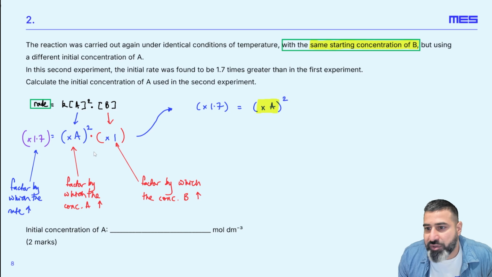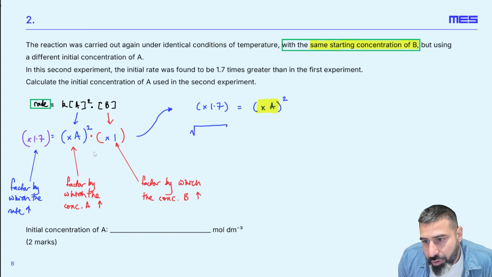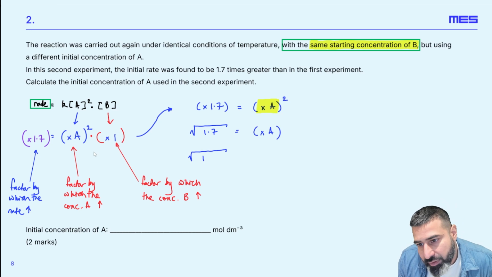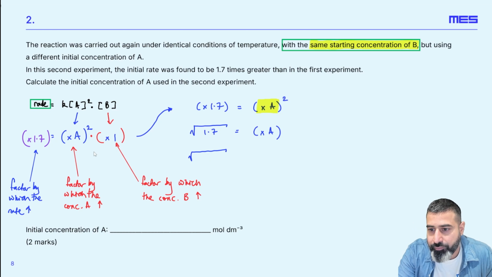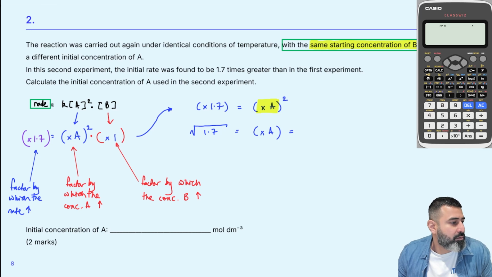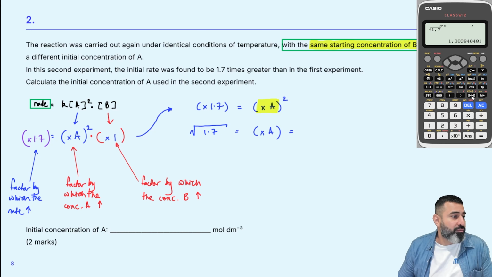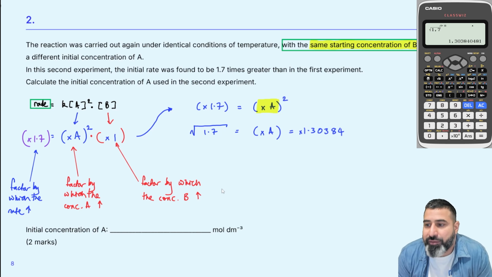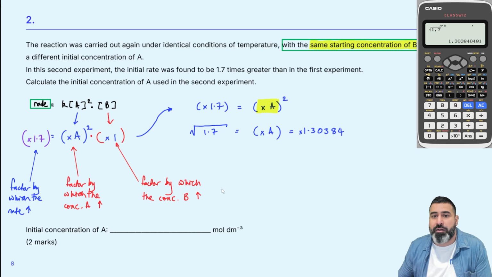We need to take square roots of both sides, right? So the square root of 1.7 is equal to the factor by which A has increased. So what is root 1.7? Let's get our calculator out. So square root of 1.7 equals 1.30384. That's how much the A has increased by in experiment 2.